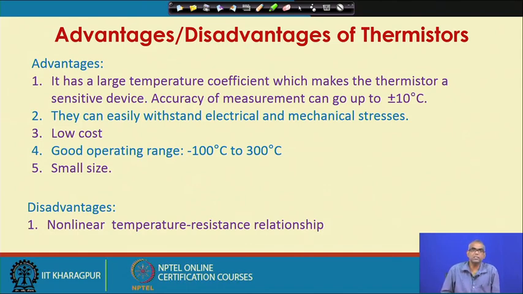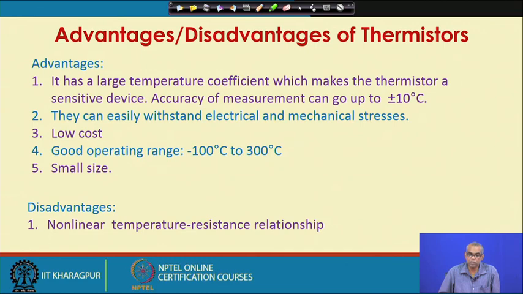Here are some advantages and disadvantages of thermistors. The advantages are thermistors have large temperature coefficient which make the thermistor a sensitive device. Accuracy of measurement can go up to plus minus 0.1 degree Celsius.